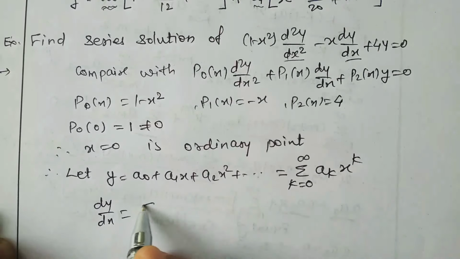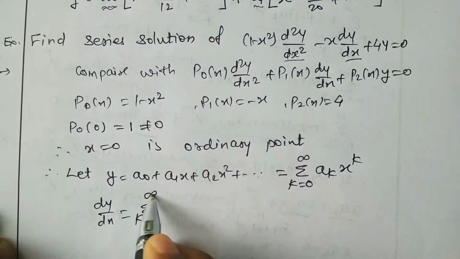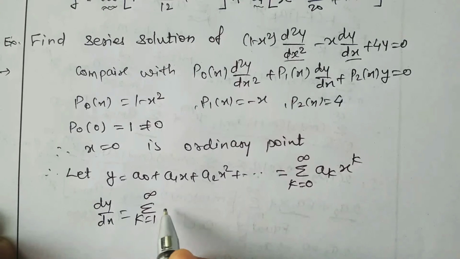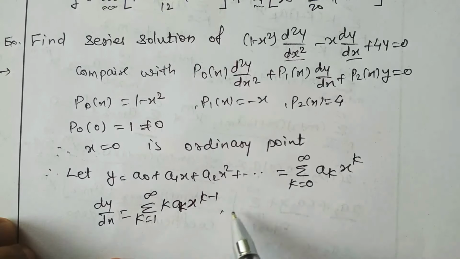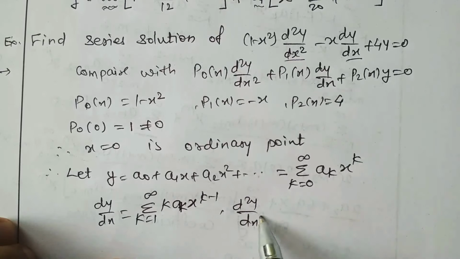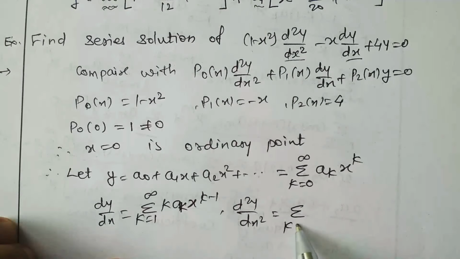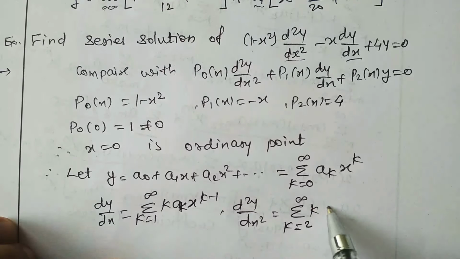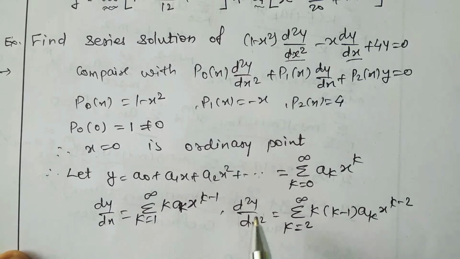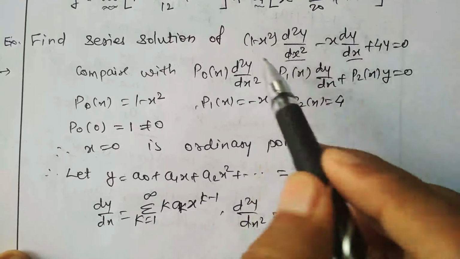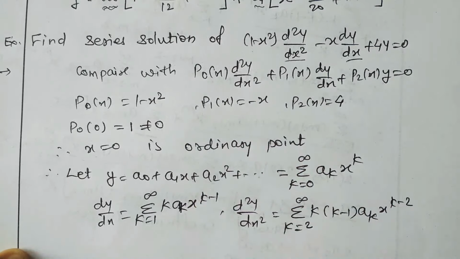So you will get summation k varies from 1 to infinity k into ak x to k minus 1, and value of d square y by dx square is equals to summation k varies from 2 to infinity k into k minus 1 ak x to k minus 2. So put the value of y, dy by dx and d square y by dx square in the given equation.